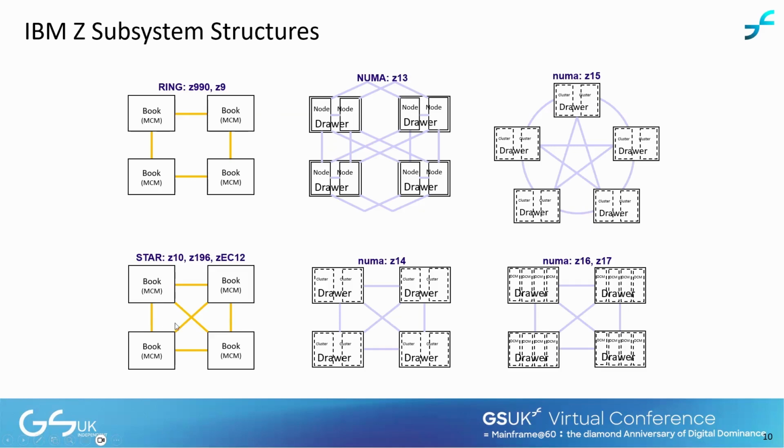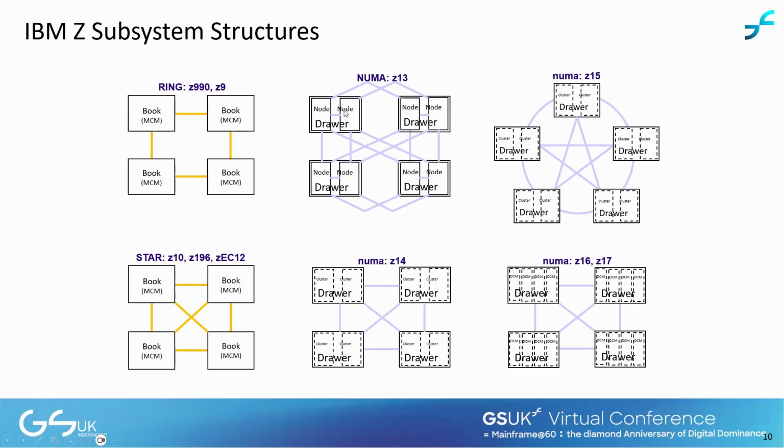previously, like down here, on Z12, anyway from Z10 to Z12, you basically had two latencies. You either hit on your local book or you hit on the remote book. And so fast latency for local book and a slightly less fast latency for the remote. You go up to Z13 and it's like, okay, well, you can now hit in your local node if you're in the left side of this upper left drawer.